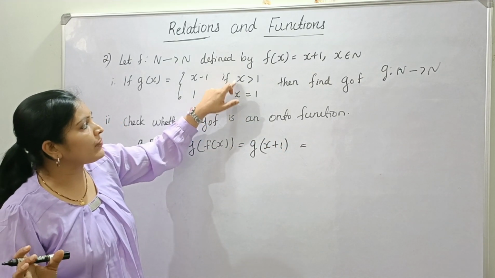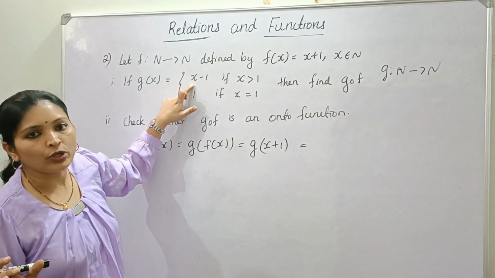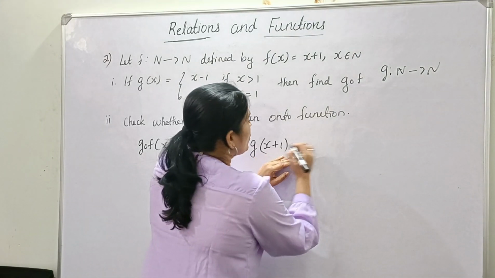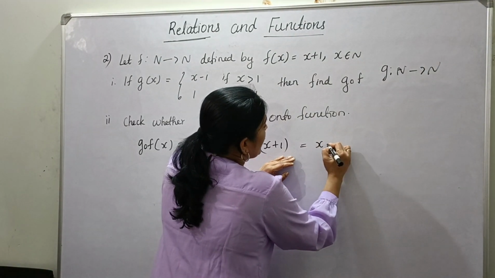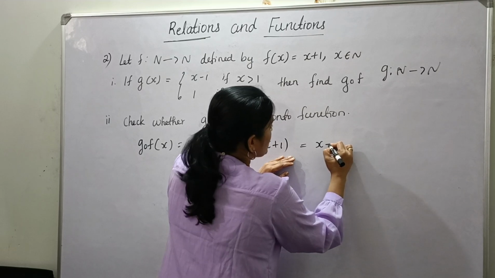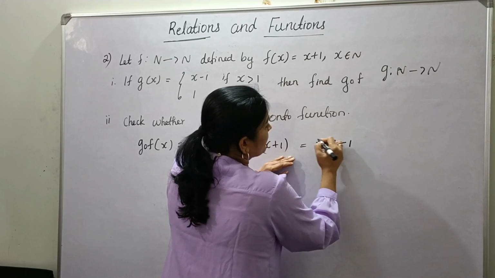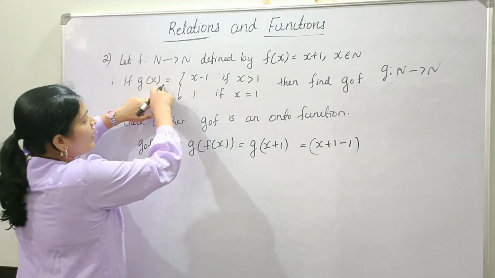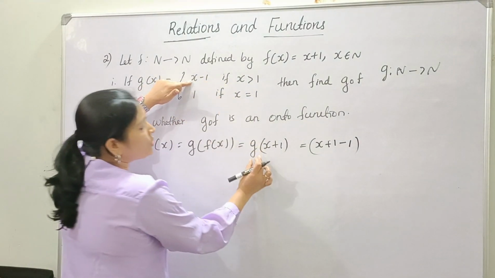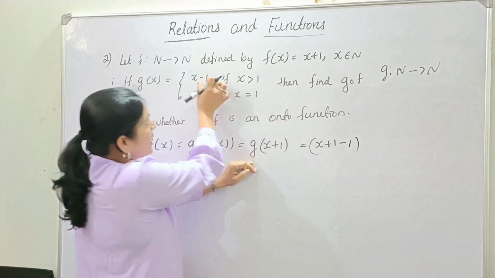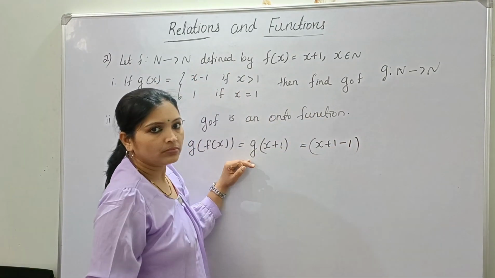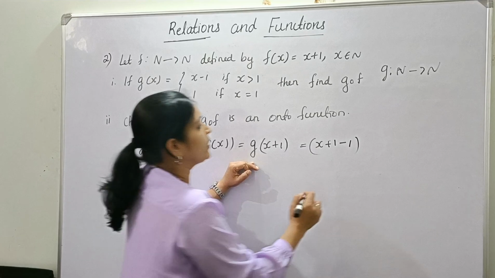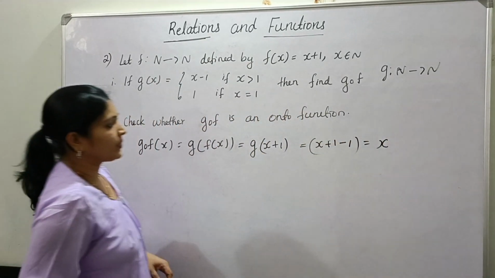See, here it is given if x is greater than 1, g(x) = x − 1. So g of (x + 1) is (x + 1) − 1, that is nothing but x.